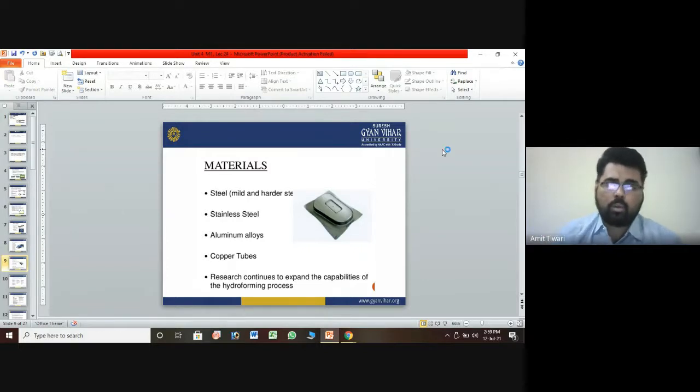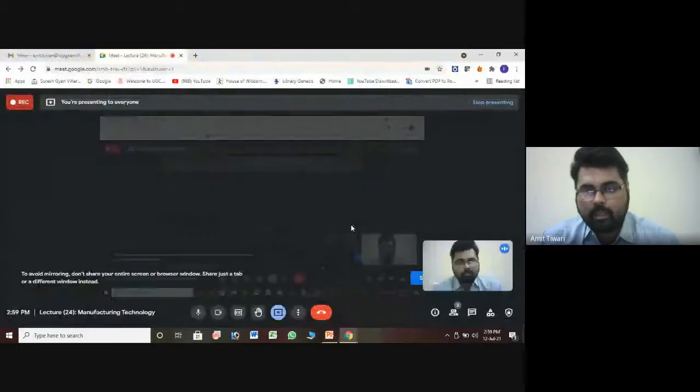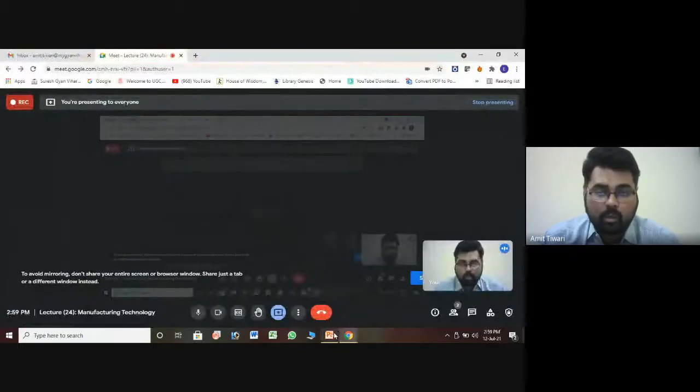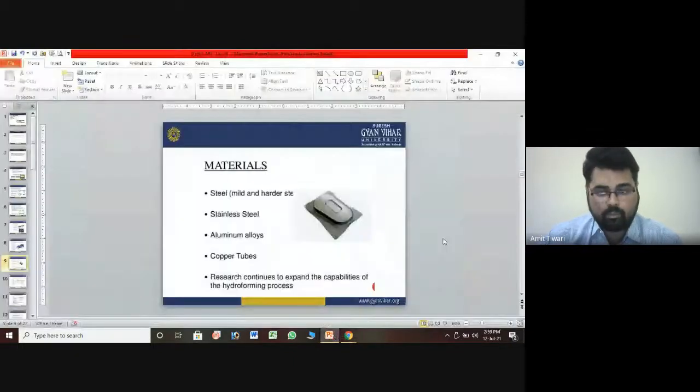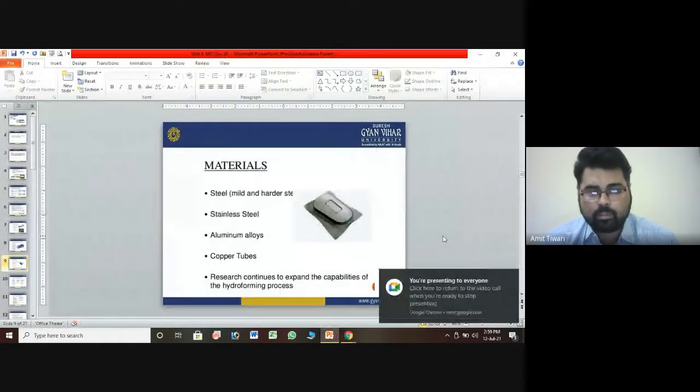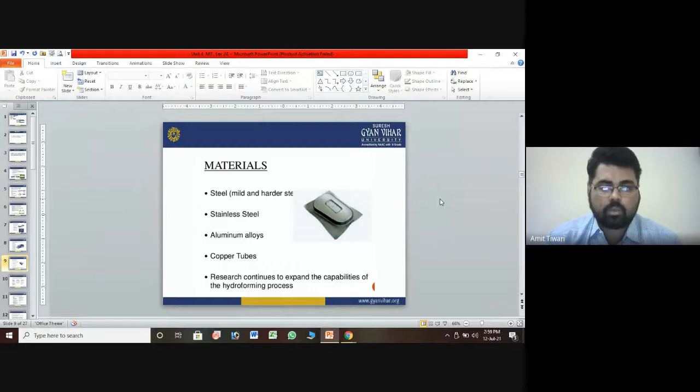Aluminum is used for material which has good strength and good properties. So that's why we can say it is easy to understand and easy to fabricate, which is not a heavy task to identify. That's why this is a very common technique used for hydroforming.